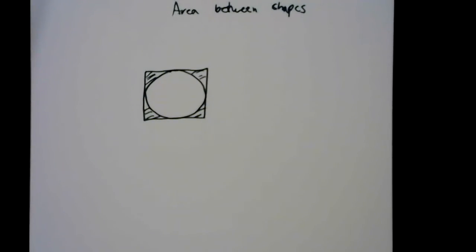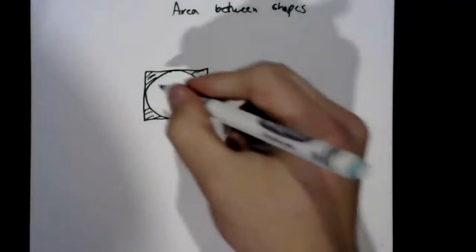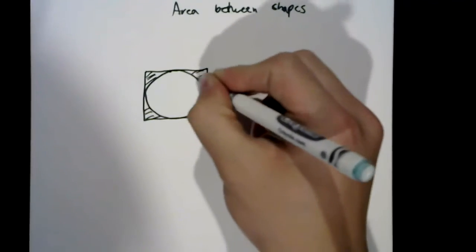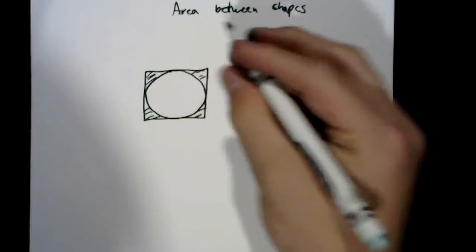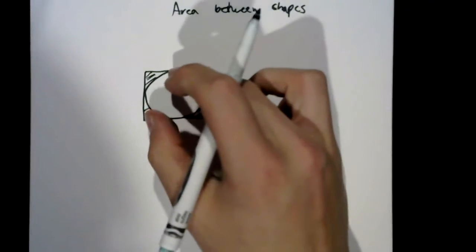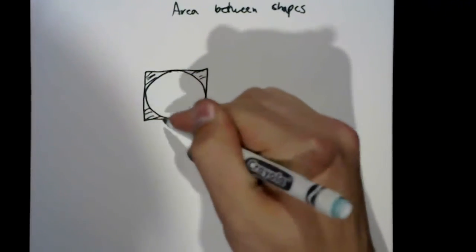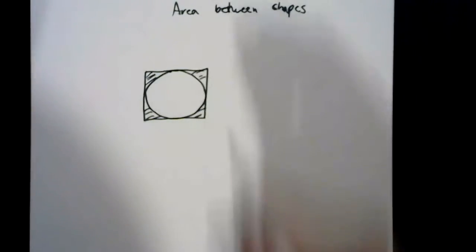And some of you may be asking, well, how do I do that? Well, it's not that bad. You take the full area of the square minus the area of the inside circle, so you have your full square, then you cut out your circle, and all is left is these little triangle type shaped areas.